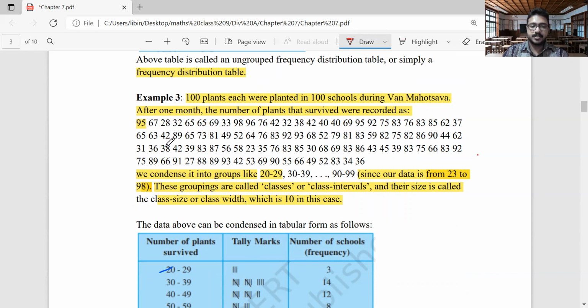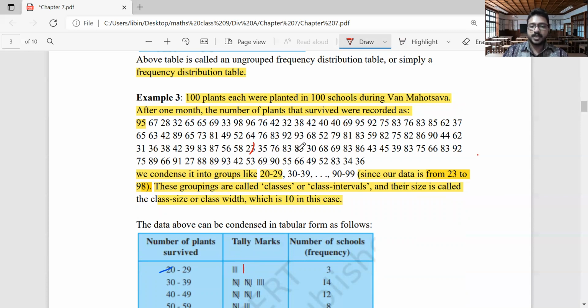Then we want 20 to 29. First we came across 23. So when we have seen the number 23, mark it with just a line like this, a tally mark.